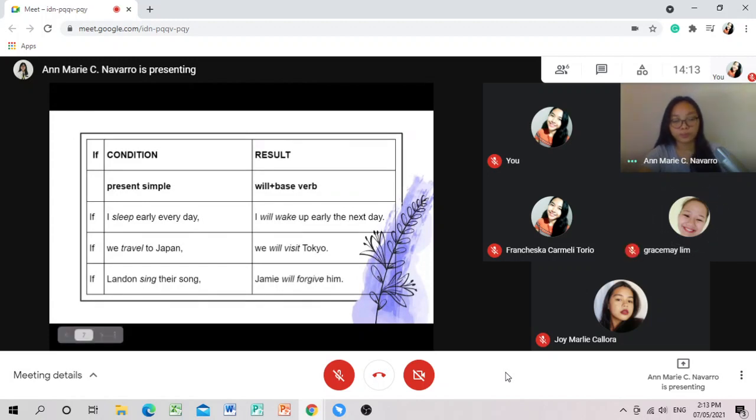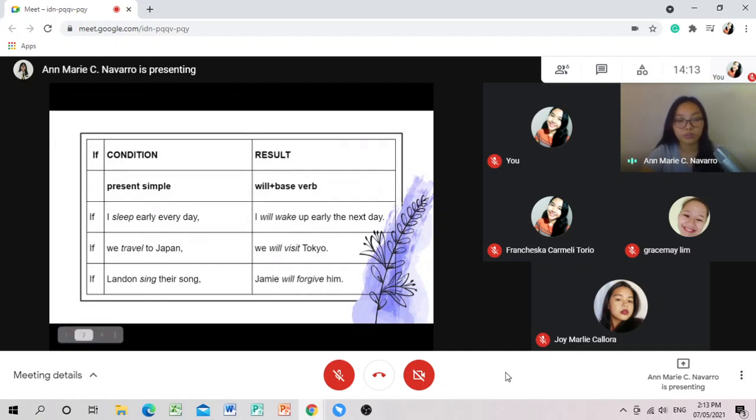As you can see in the table, the word if is before the condition part, the present simple. So if I sleep early every day, the result will be I will wake up early the next day.